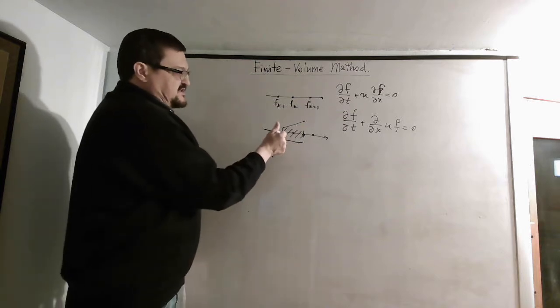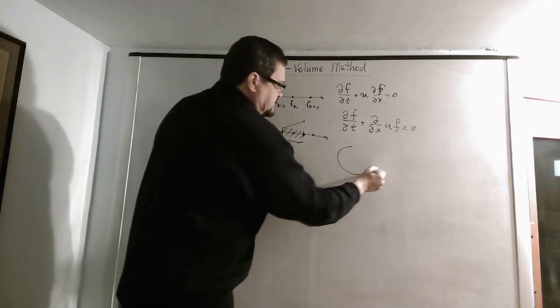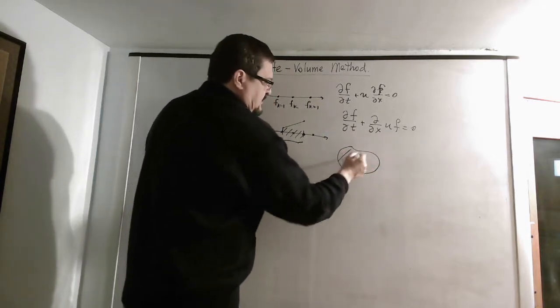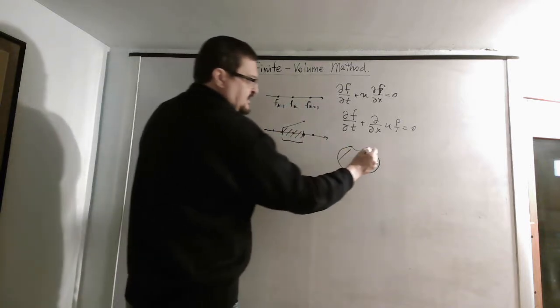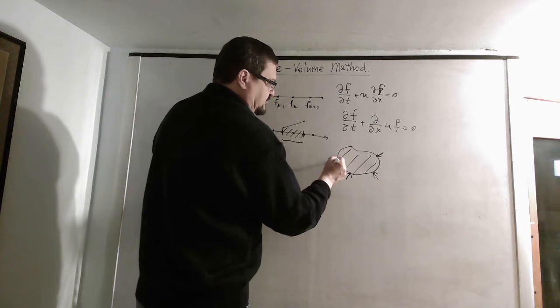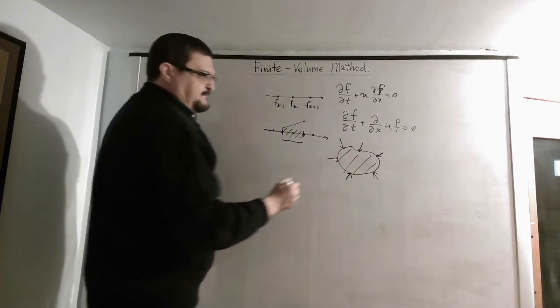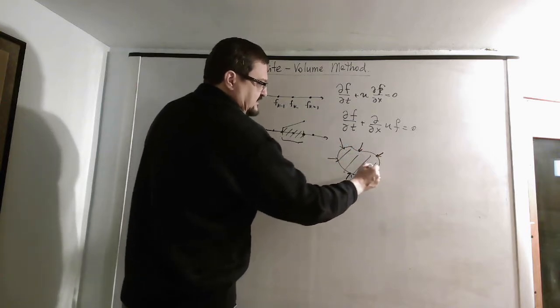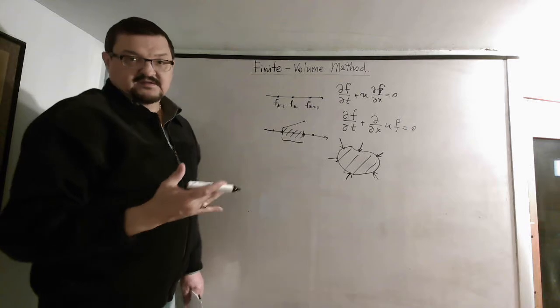In one dimension it's just one point, that's where fluxes interact. But if you have, say, a two-dimensional area, then there are fluxes that go through the boundary of that volume or area, and this integral along that boundary, this is what the finite volume method is all about.